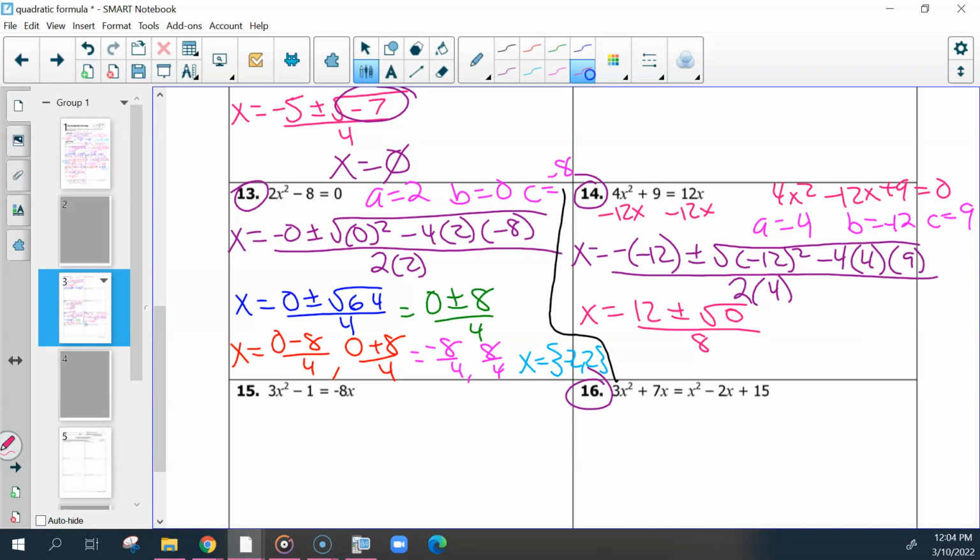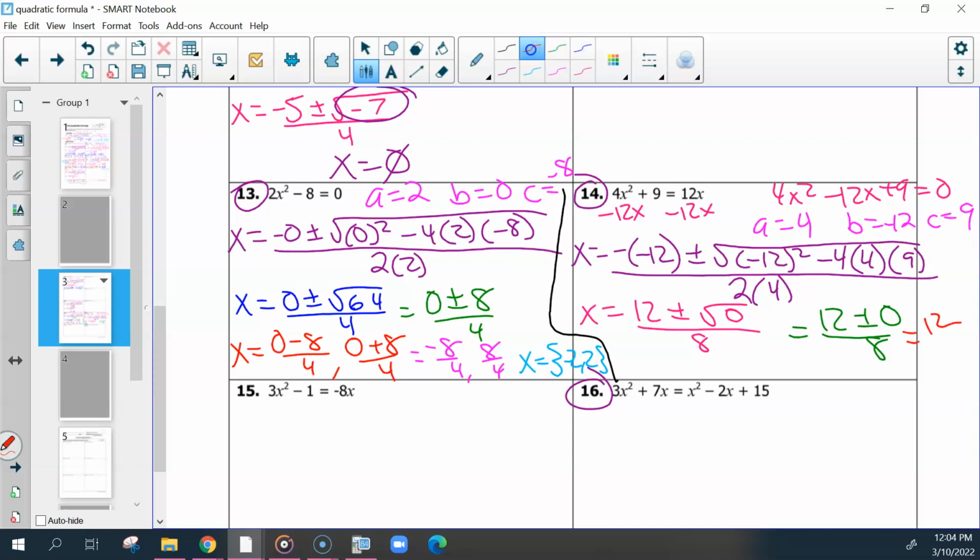So in this case, if I were to rewrite this, 12 plus or minus 0 isn't going to change my answer. It's going to be 12 over 8. Adding or subtracting a 0 is not going to change. Here, it did change because we had a positive and a negative, but here it does not.